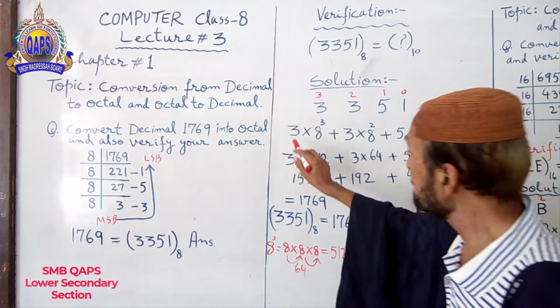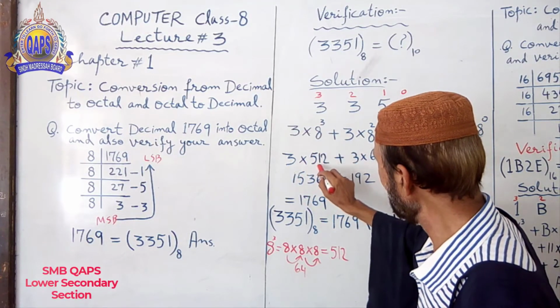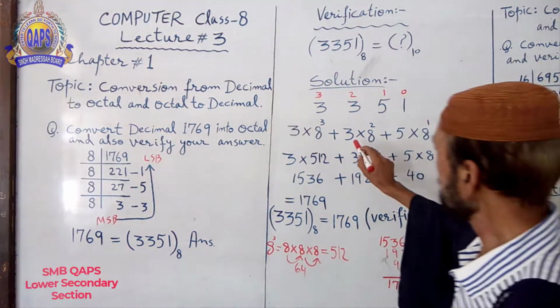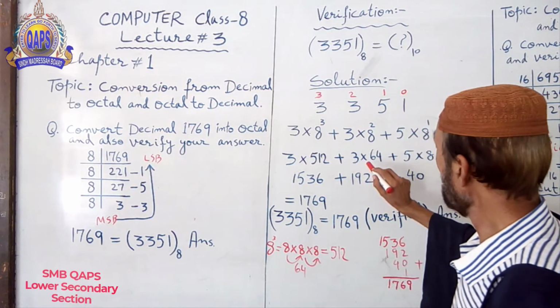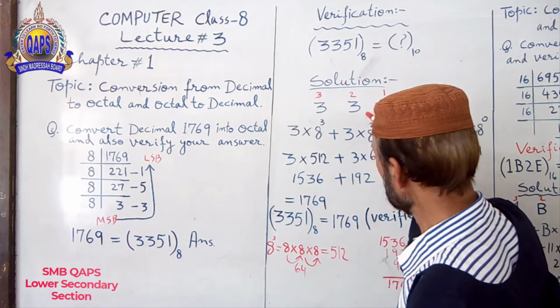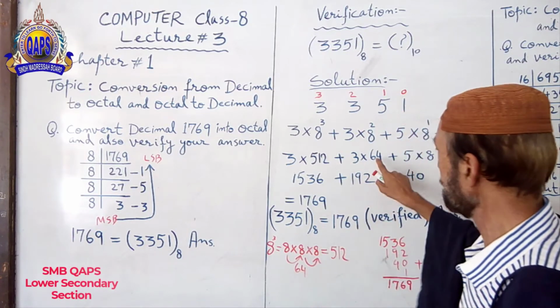So it will be 3 multiplied by 512 plus 3 multiplied by 8 raised to the power 2. 8 raised to the power 2, 8 8s are 64.